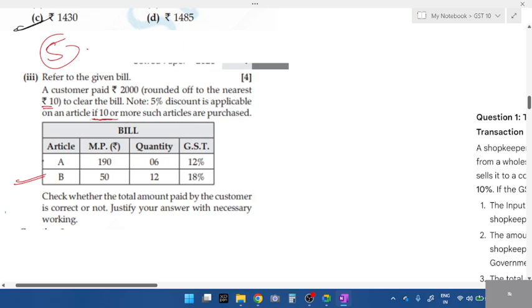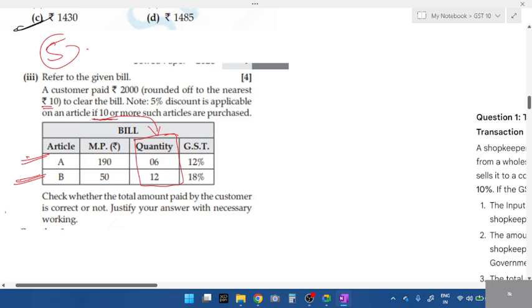Okay. So total how many articles do we have? No, total. Article A and B. Look at their quantity. Look at their quantity. Which one has more than 10? That is what they meant. Which quantity has more than 10 students? Article B, right? Which question is third one?